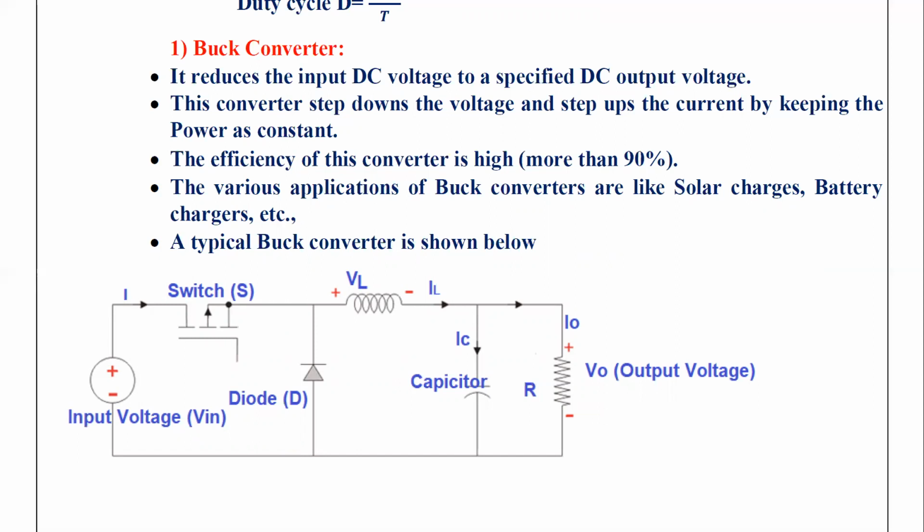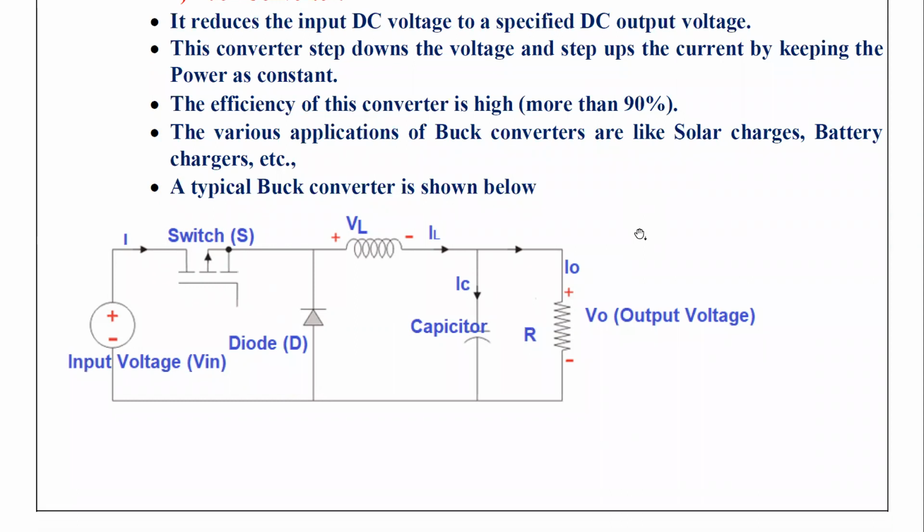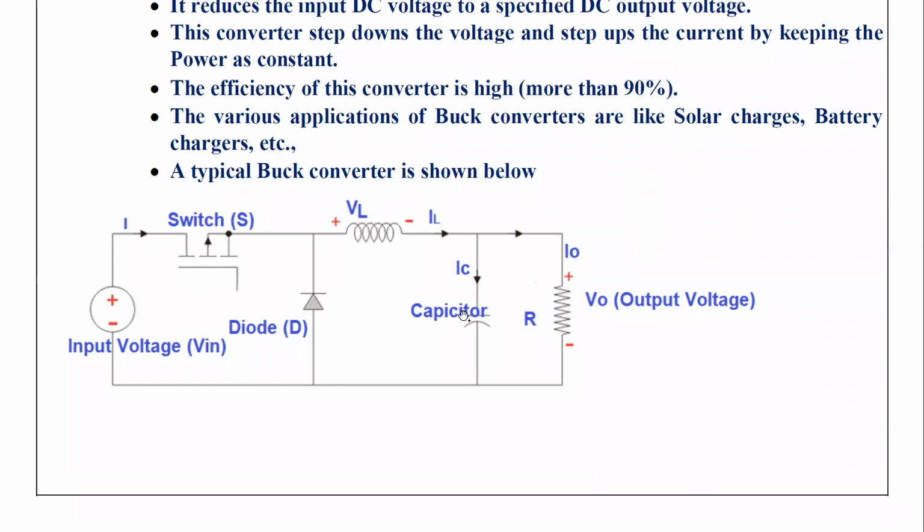The various applications of buck converters are solar charging, battery charging, or SMPS. In SMPS also we use this kind of buck converter. There is a circuit diagram for this buck converter, shown in the figure.